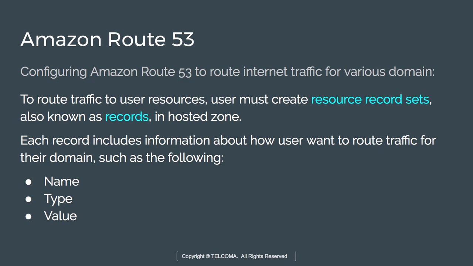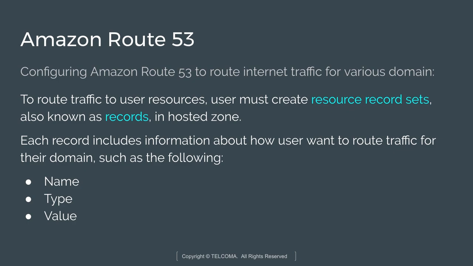To route traffic to user resources, we need to create a resource record set, which is also known as a record. It consists of name, type and value. What is in the name? The name of the record corresponds to a domain name like example.com, or a subdomain like www.example.com or retail.example.com, that the user wants Amazon Route 53 to route traffic for.